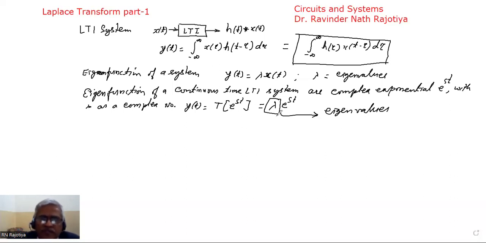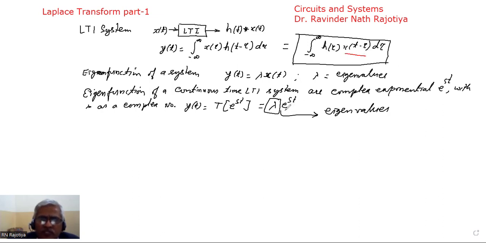Now suppose in the LTI system I have h(tau) x(t minus tau).